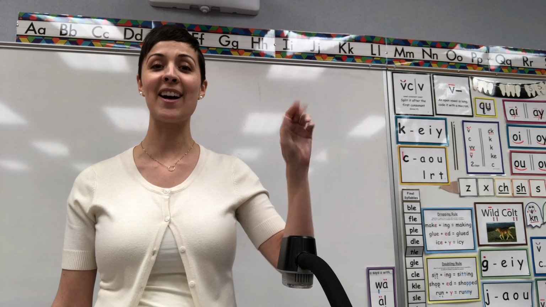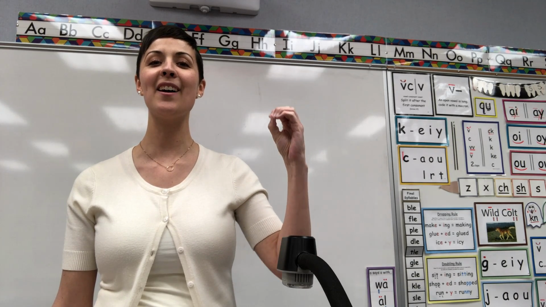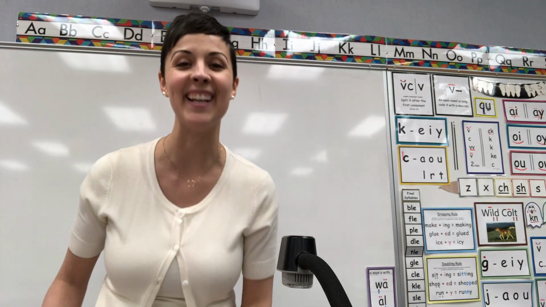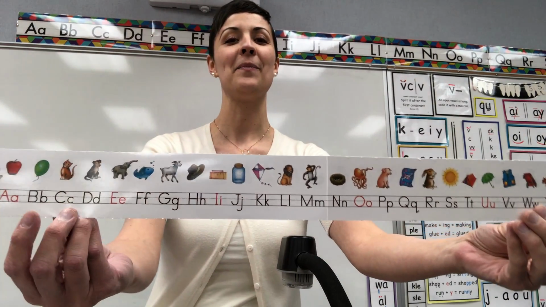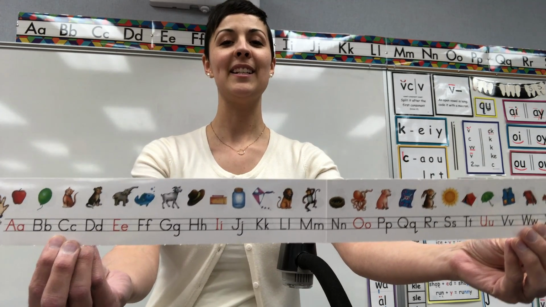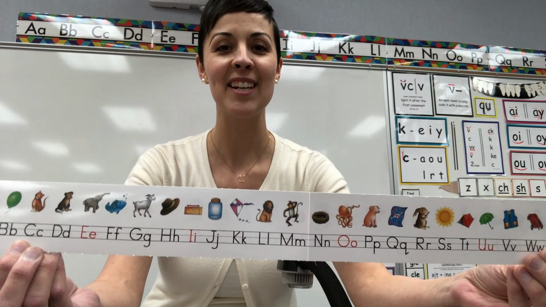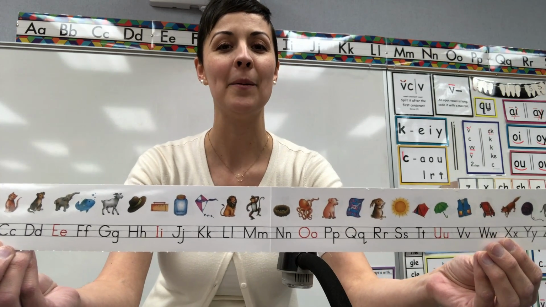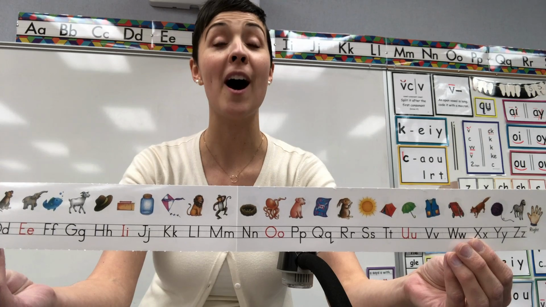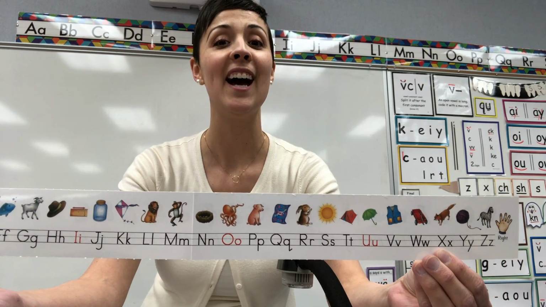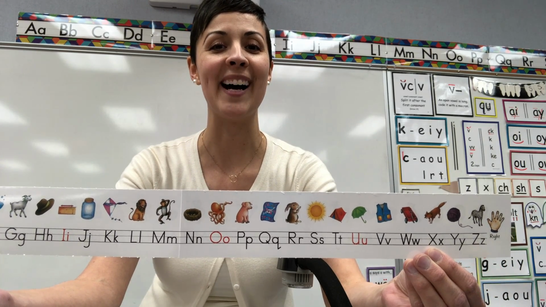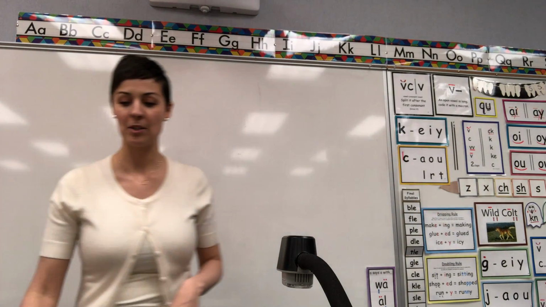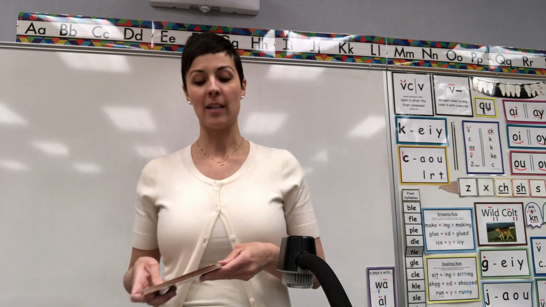The vowels are A, E, I, O, U. The rest are consonants. Ready? B, C, D, F, G, H, J, K, L, M, N, P, Q, R, S, T, V, W, X, Y, Z. Nice job.